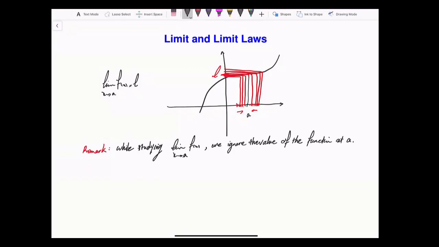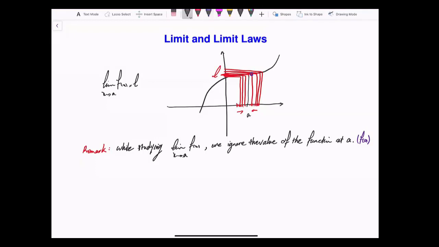In other words, studying a limit is not about the value of the function at that point, while it can be equal to the value of the function. What is important for us is just the trend of the values of the function close to a. So that's something you have to always keep in mind. f of a is not what we are trying to see.